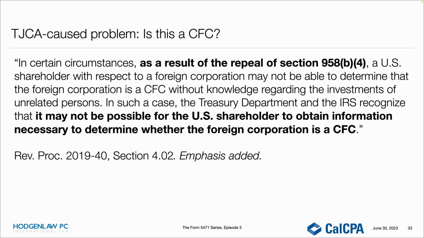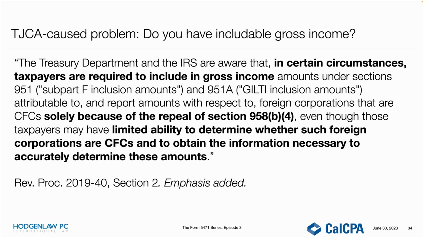So to their credit, the government understands this and says, oh, this might be a problem. You might be creating a Form 5471 filing requirement that's impossible to comply with. The same thing applies.